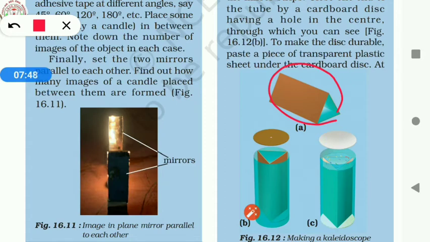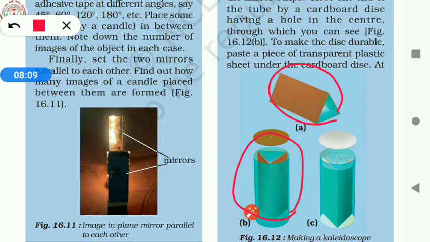Make sure that the tube is slightly longer than the mirror strips. Close one end of the tube by a cardboard disc having a hole in the center through which you can see. See figure number B. This is the arrangement.